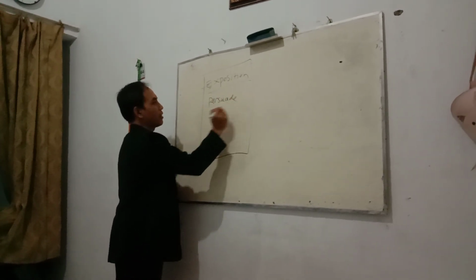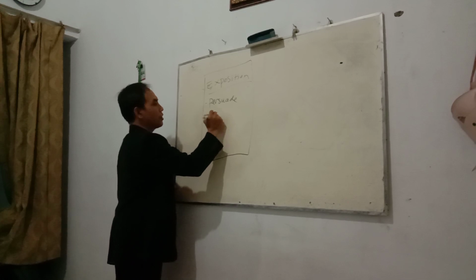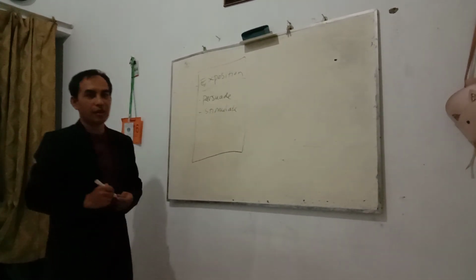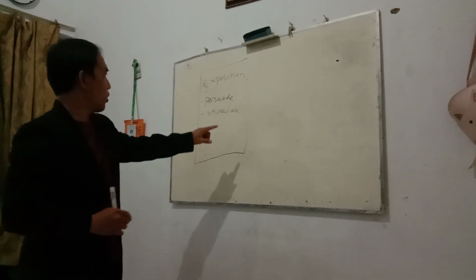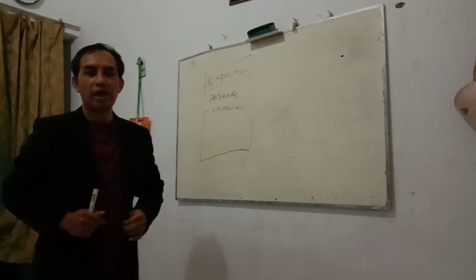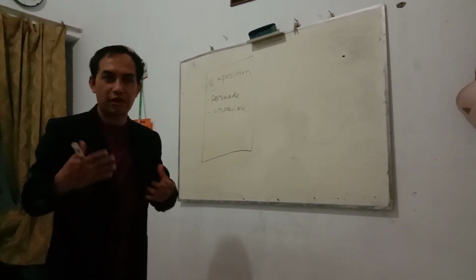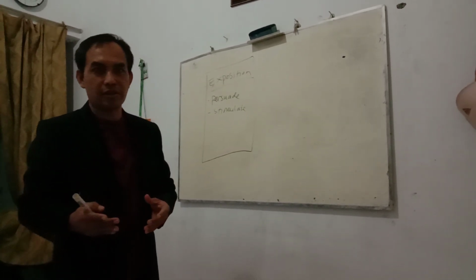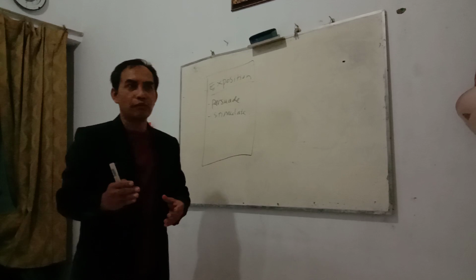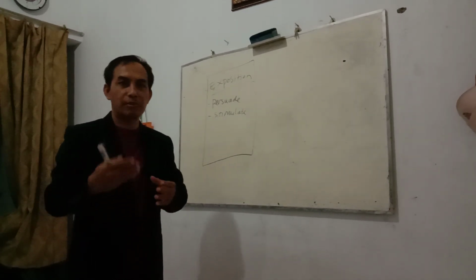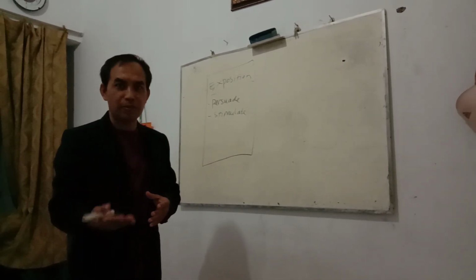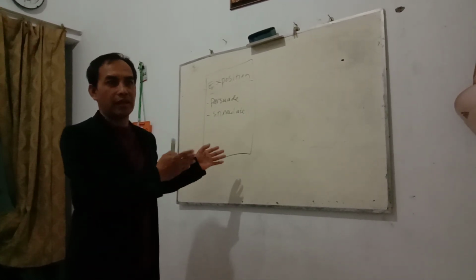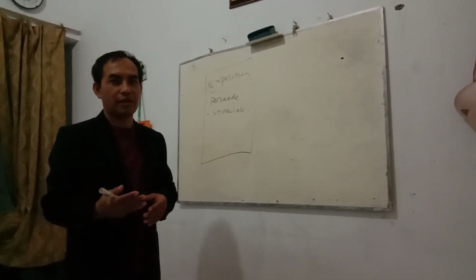persuade or stimulate. Persuade or stimulate, those are the character of the exposition text, because after reading the text, the reader will be persuaded or stimulated from the text that he already read.